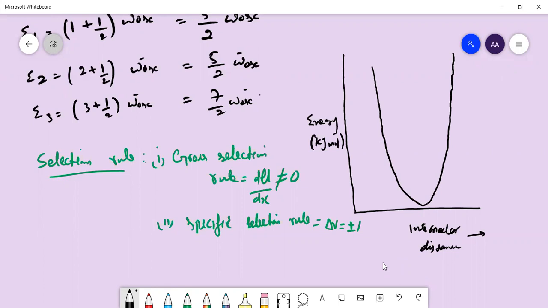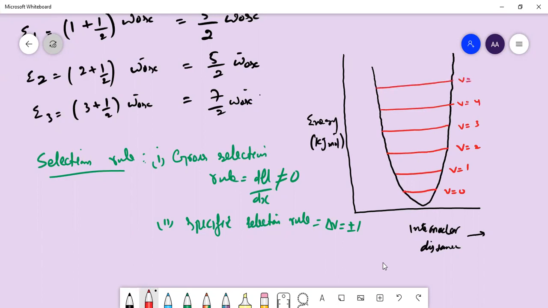This is my parabola, and these are the vibrational energy levels: v is equal to 0, 1, 2, 3, 4, 5, and so on. The energy for v is equal to 0 is half of ω bar.